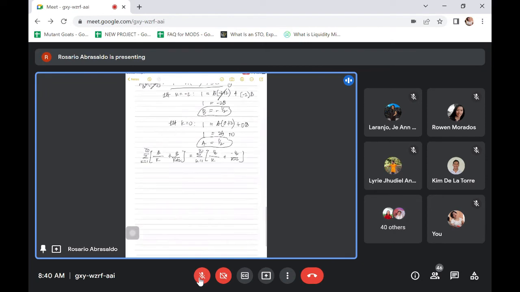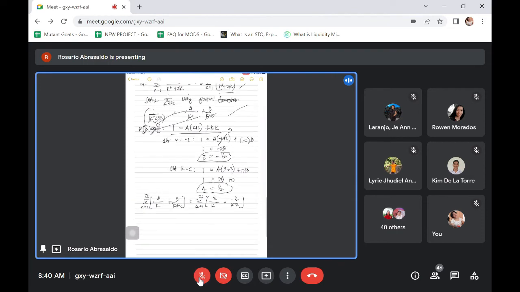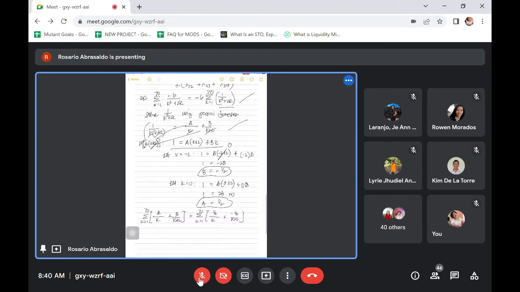So solving this one, class, since 1/2 is a common factor, we can take it out together with the negative 6. So we take out negative 6 times 1/2, since 1/2 is the common factor and a constant.